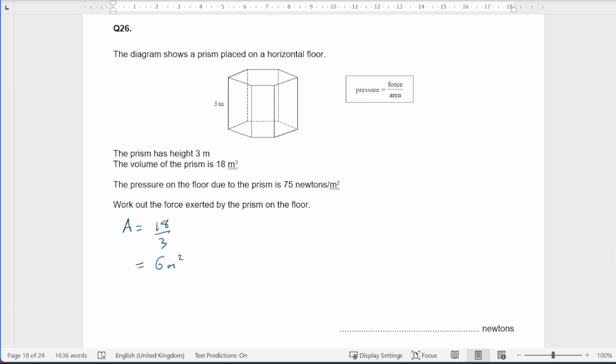If pressure is equal to force divided by area, then, sorry, I'm writing the wrong one down. The force is what we're trying to work out. Force is going to be equal to pressure times by area. So we're looking at 75 times by 6, which is going to be 450.